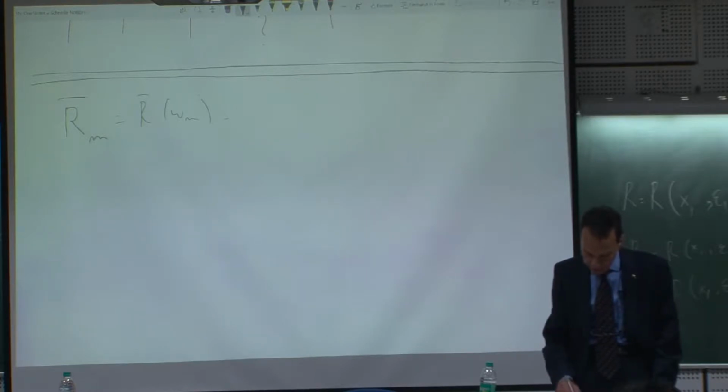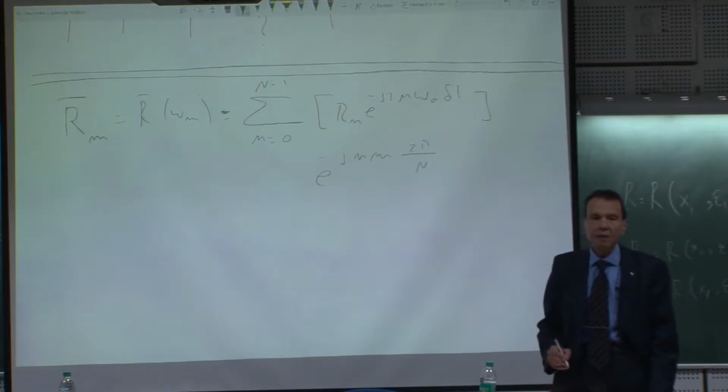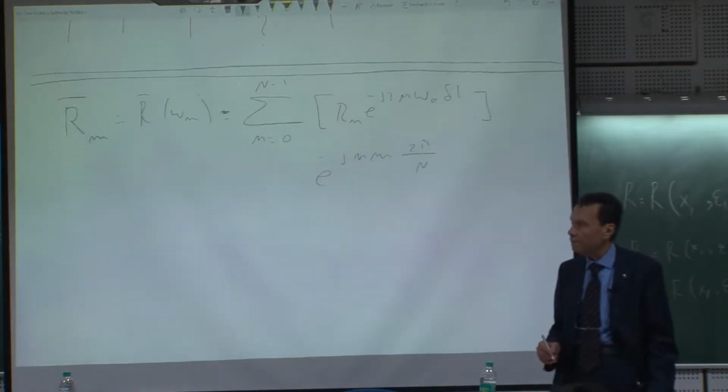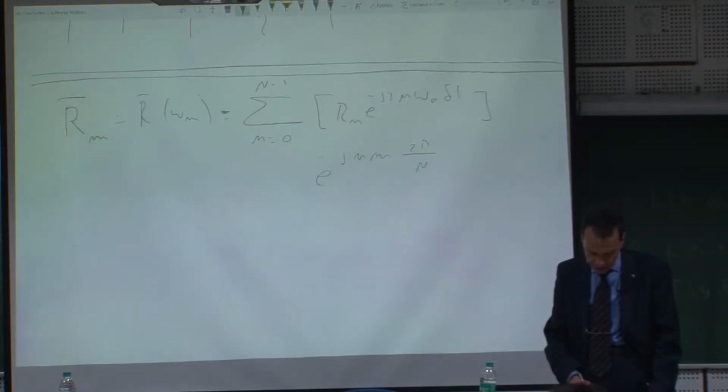It was given by the summation from n equals 0 to N minus 1, of Rn e to the minus j twice n omega naught delta t, times e to the minus j n m twice pi over N. You can correct me if you... This is the DFT.